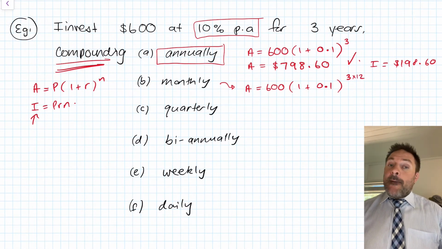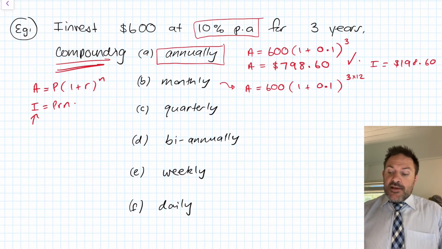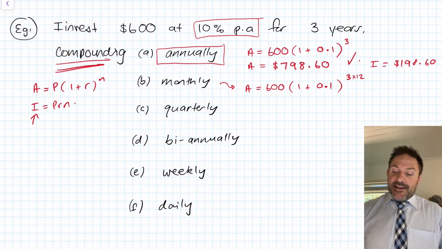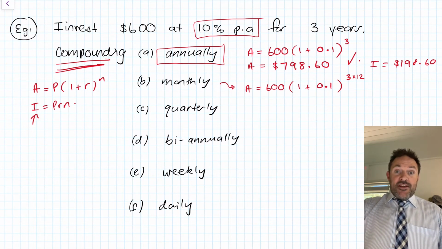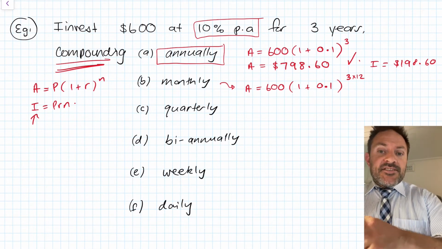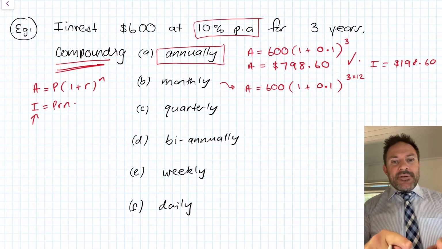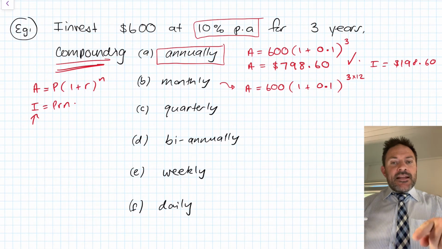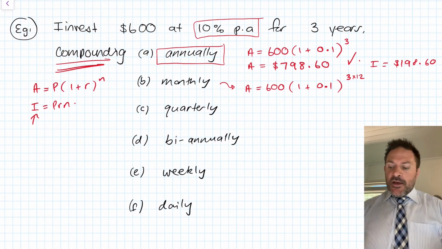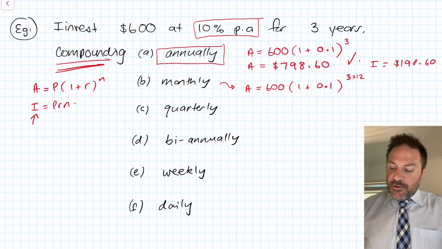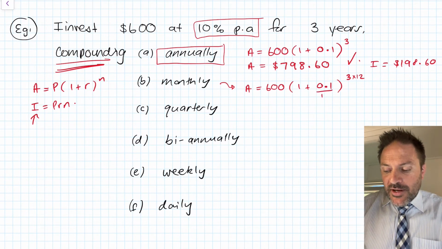And that's correct. But it's still not correct, because what you're now calculating is you're doing 10% for a whole year. You're doing that 36 times. It doesn't really work out, because if I'm going to calculate it for every single month, well, I'm not getting 10% per month, am I? I'm getting 10% across an entire year. So if I'm timesing this by 12, guess what you have to do to the interest rate?